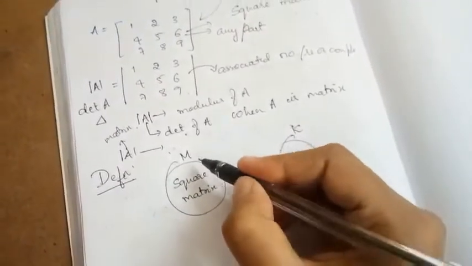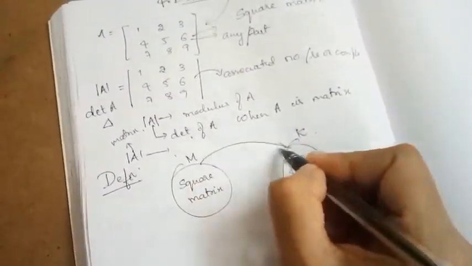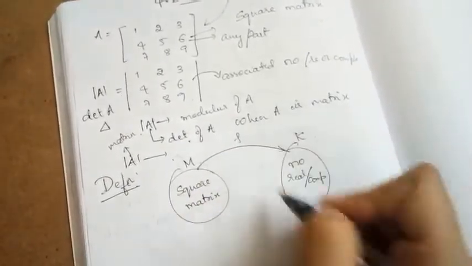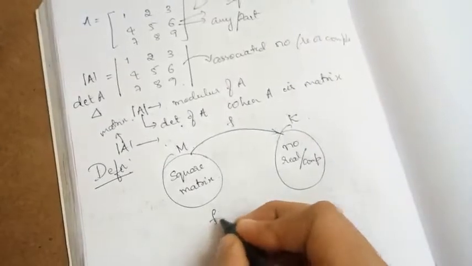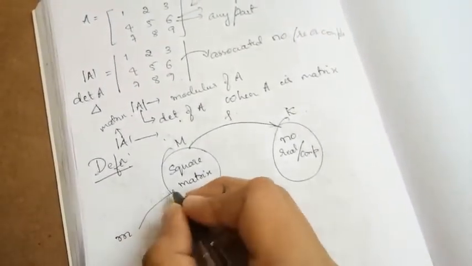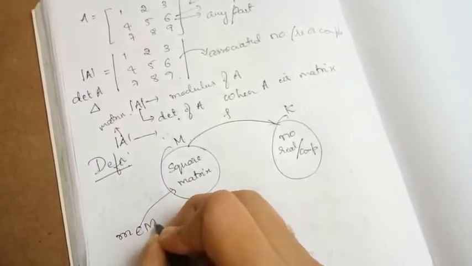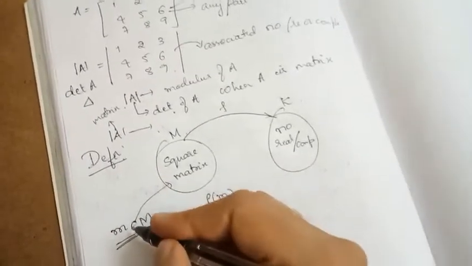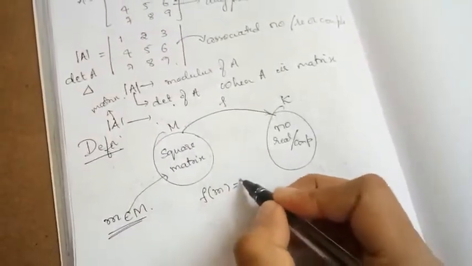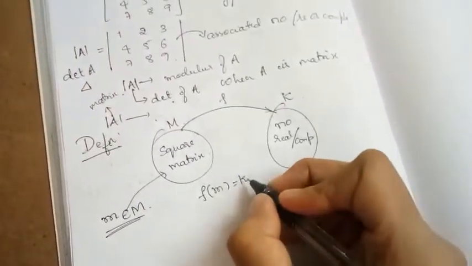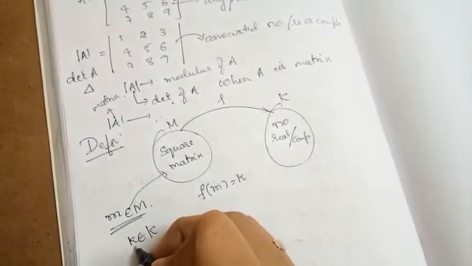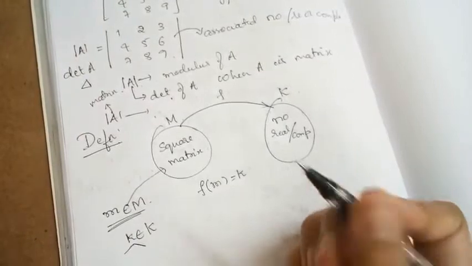Let F be a function from the set of square matrices to a set of numbers, such that F of M, where M belongs to the set M, is any square matrix in this set. F of M will give us some constant or number K, where K belongs to the set K, which might be a real number or a complex number.